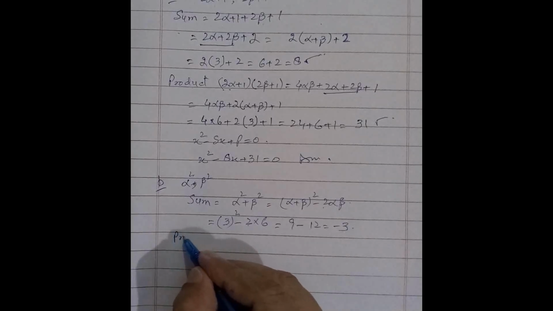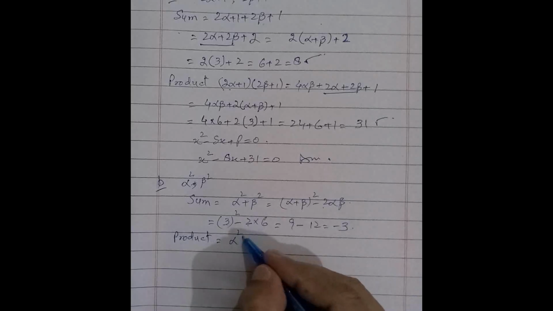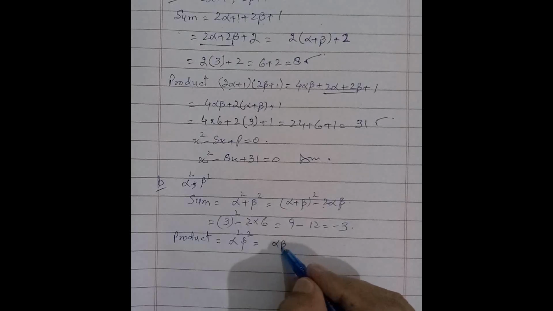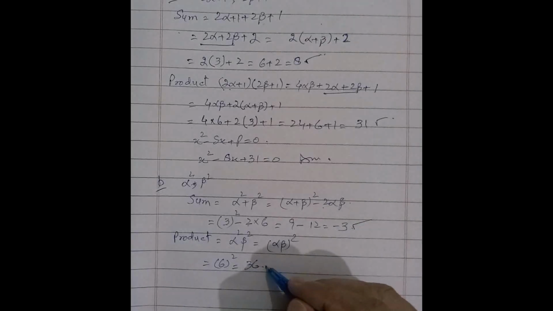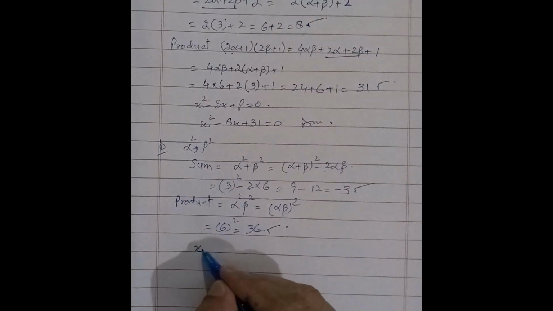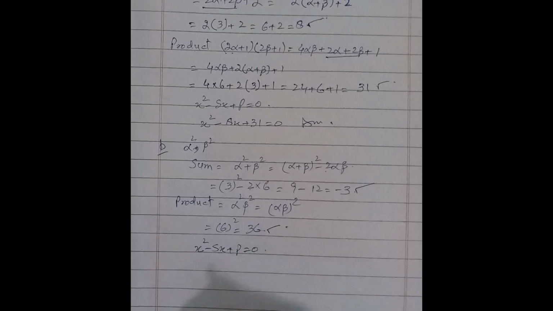And the next is the product, which is alpha square beta square, and we simplify it. Alpha beta whole square. Now we put the value of alpha beta, which is 6 whole square, is equal to 36. It is the sum of the roots and it is the product of the roots. And we know that x square minus sx plus p is equal to 0.